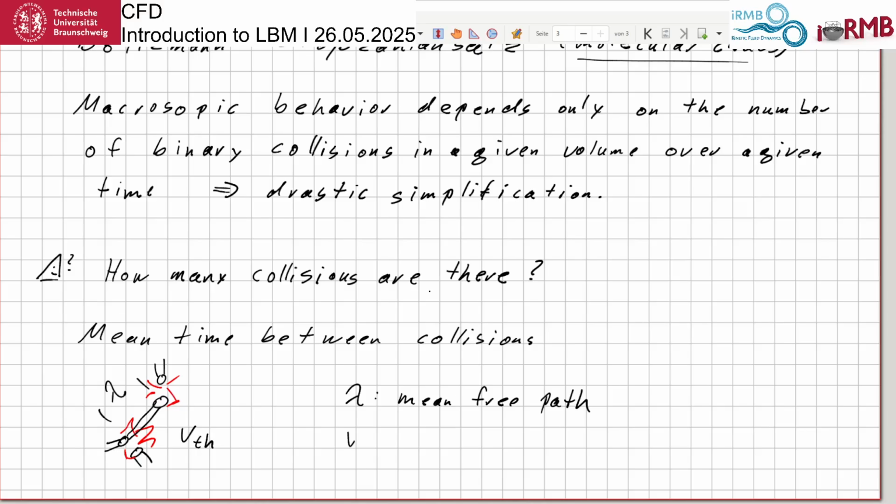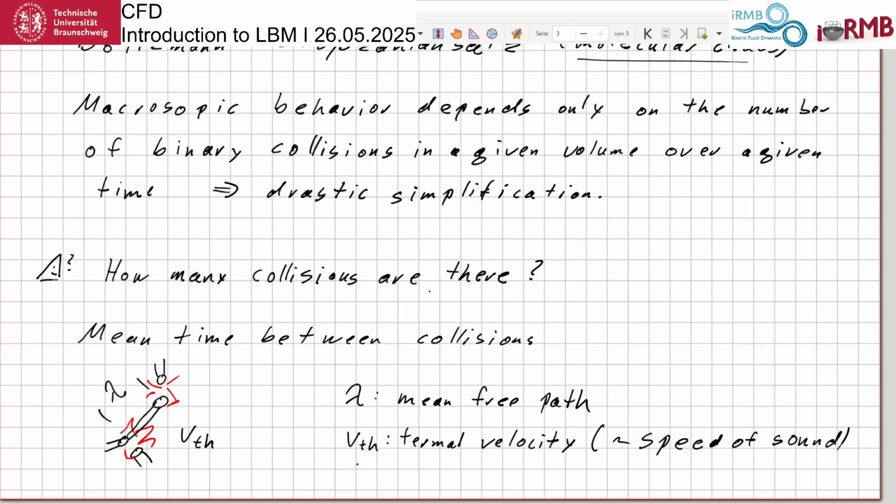Then there is a thermal velocity. So this thermal velocity is, up to a constant of order 1, the speed of sound. I mean, this is very convenient because this can be very easily measured.